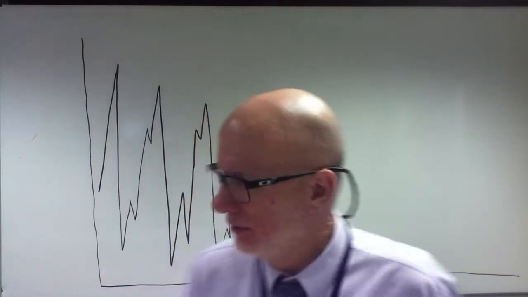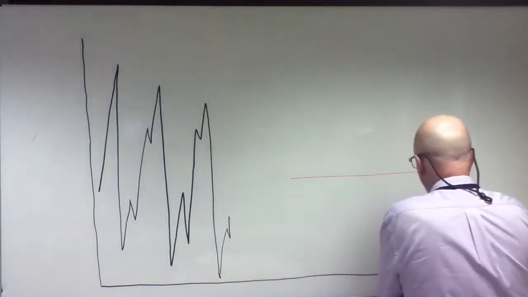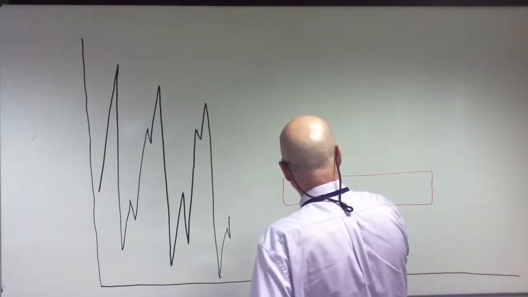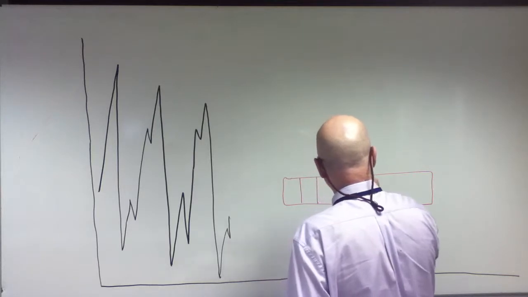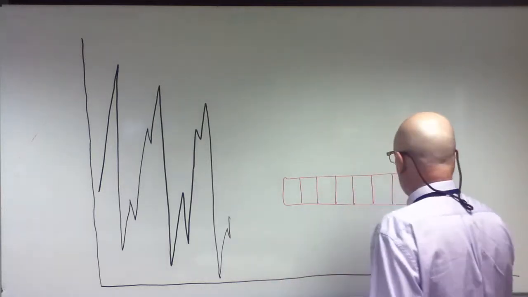So this is my question to you. As I go across a period, let's say I'm going across. This is 1, 2, 3, 4, 5, 6, 7, 8.